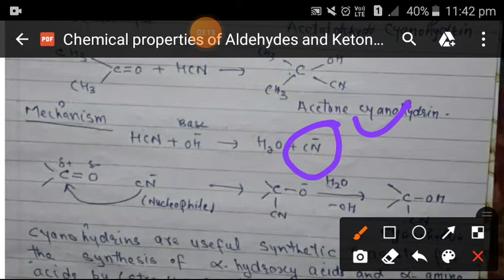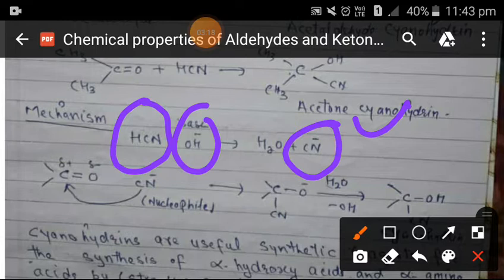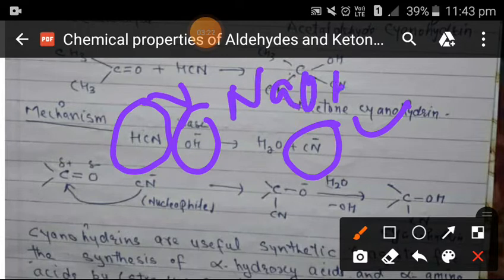So here let's see how the mechanism of the reaction takes place and how this nucleophile is generated during the reaction. Hydrogen cyanide is treated with a base, for example sodium hydroxide.